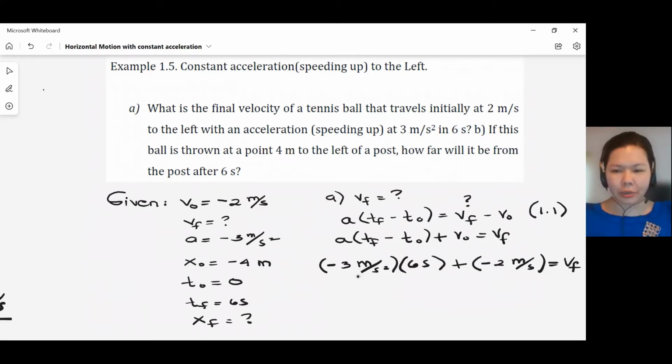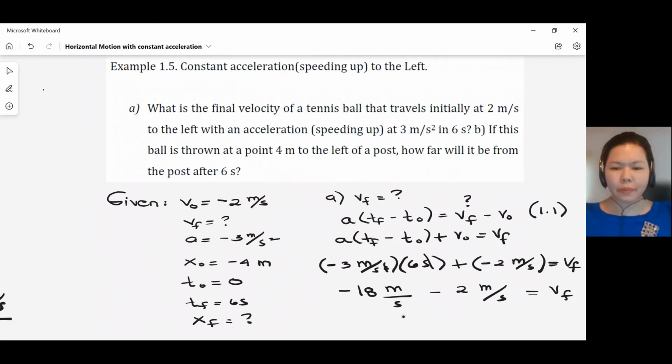Using your calculator, we have negative 3 times 6 here. That is negative 18. And second divided by second squared, we have meter per second for the first term. For the second term, that is just negative 2 meters per second. So equals our V final. Negative 18 minus 2.